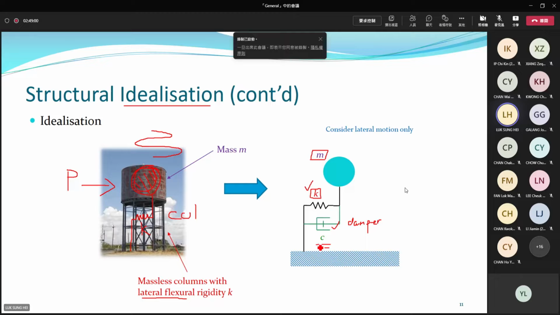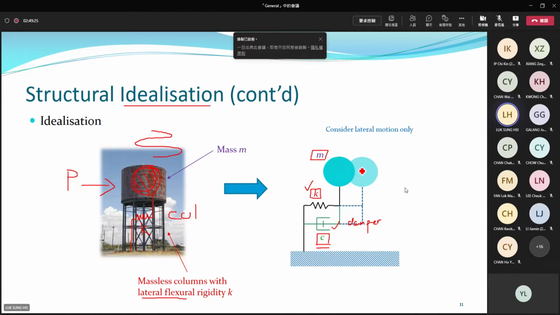So C is a damper. The green symbol is a damper. It's used to describe the energy dissipation property. We use a single constant C to describe it. We call that the damping coefficient.